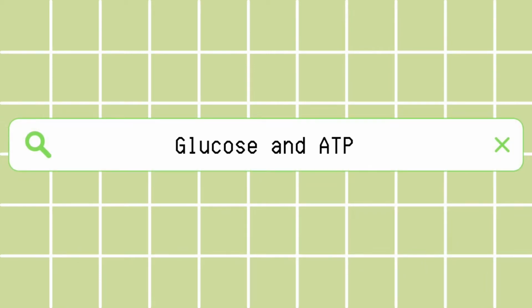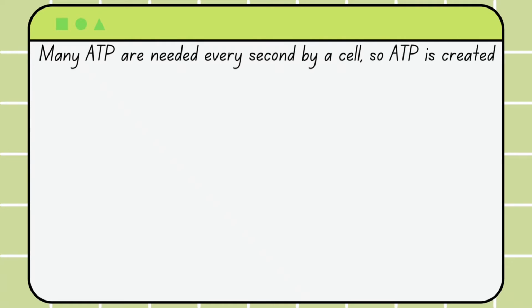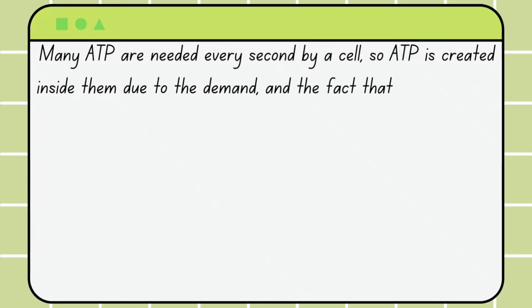Glucose and ATP. Many ATP are needed every second by a cell, so ATP is created inside them due to the demand, and the fact that organisms like ourselves are made up of millions of cells.